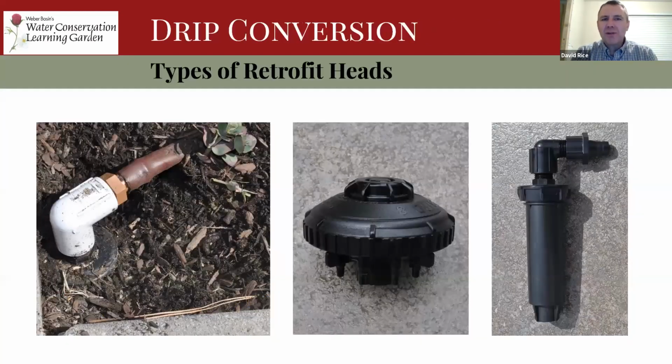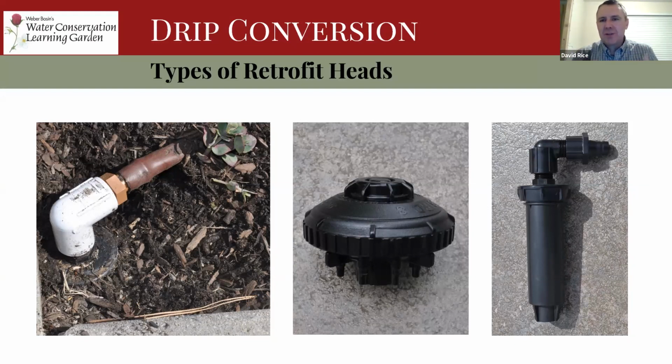So here are a few of the ways to do that. Notice on the left-hand side, you have what looks like the top of a sprinkler head. Well, it is. You leave your sprinkler heads in place, but they sell little retrofit kits. It just switches out the insides of the head, but with a threaded piece on top, you can thread a little piece of PVC to a little drip coupler, and then the poly tube connects right to that without glue.